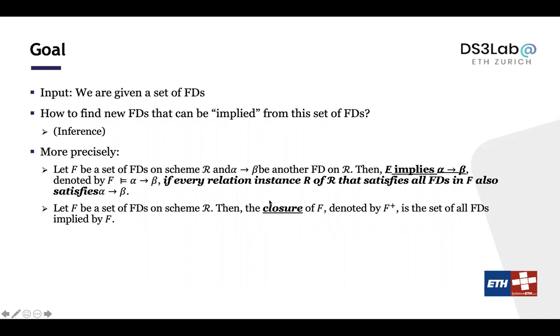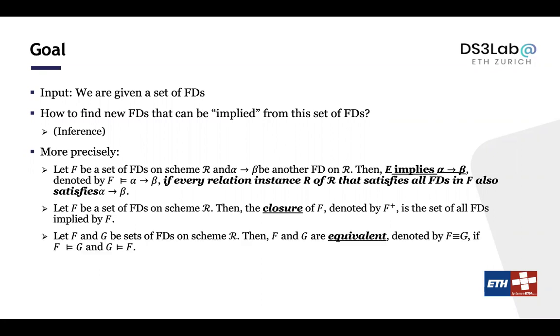And also, we can define another notion called closure. Let F be a set of functional dependencies on schema R, and then the closure of F, which we write as F plus, is the set of all functional dependencies that can be implied by F. And then if you give me two sets of functional dependencies, now I can define their equivalence.